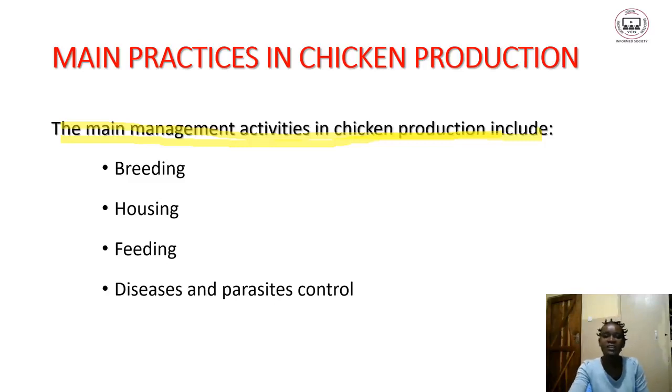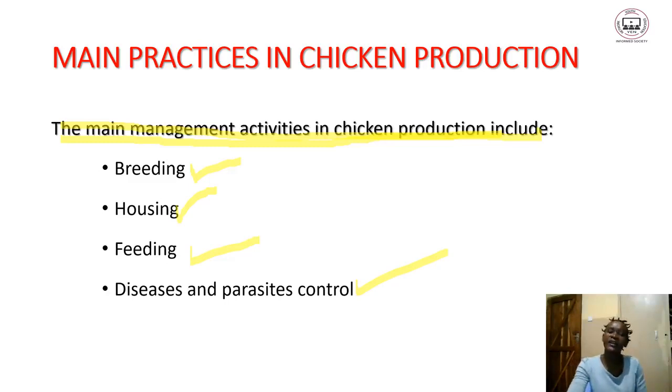So the main management activities in chicken production will include breeding, housing, feeding, as well as diseases and parasite control. Of course, we're also going to look on measures to control predators.